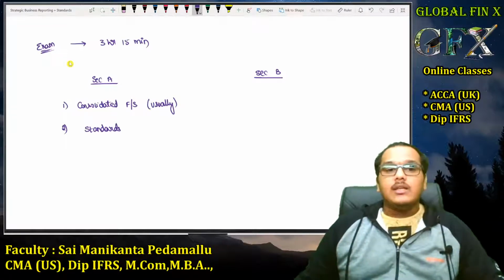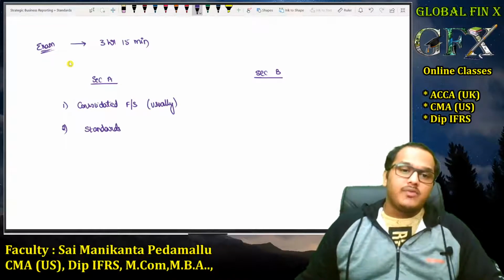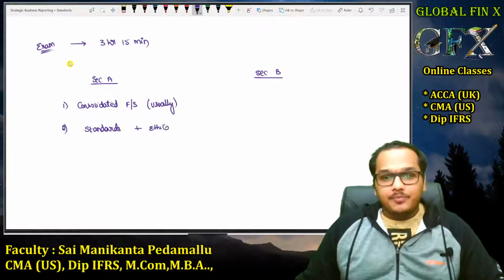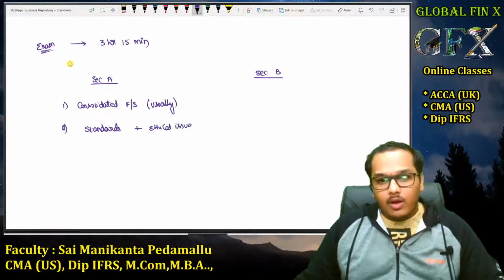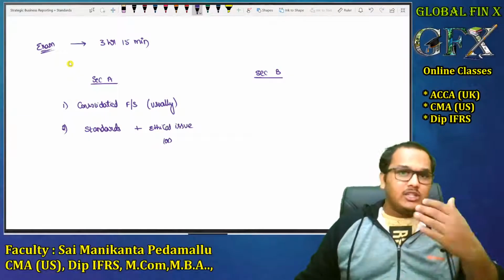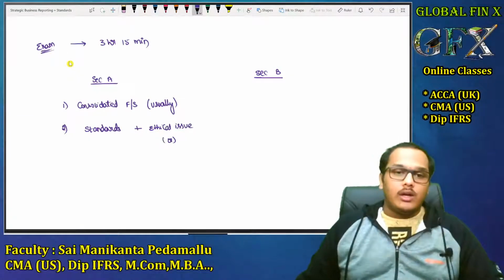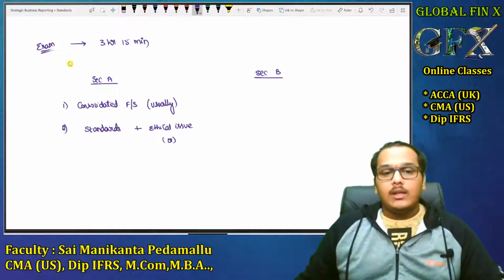Anyways, usually your second question comes from standards plus an ethical issue. The ethical issue is almost always mandatory, but sometimes they might also replace the ethical issue with additional performance measures.